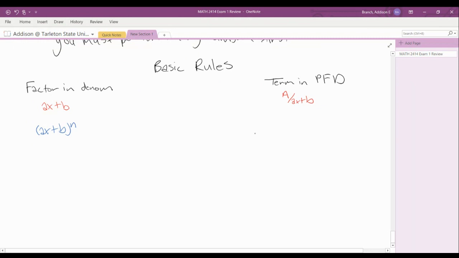then we have to take that into account throughout our decomposition. So what we'll do is we can say that we have A over ax plus b to the n, plus B over ax plus b to the n minus 1. And you keep taking it down one power at a time until you get down to just plain ax plus b.